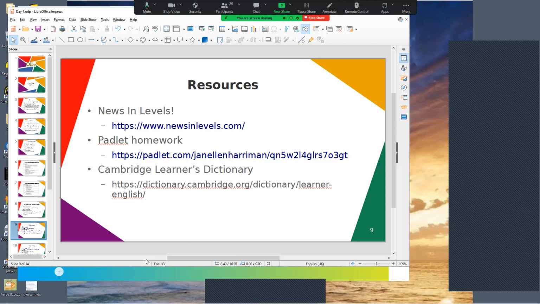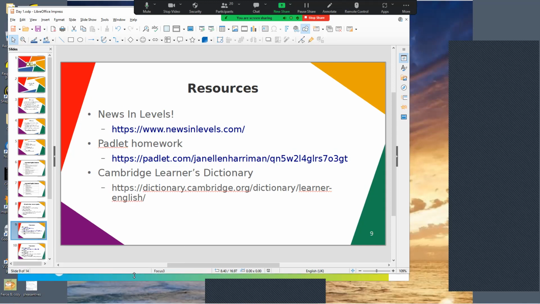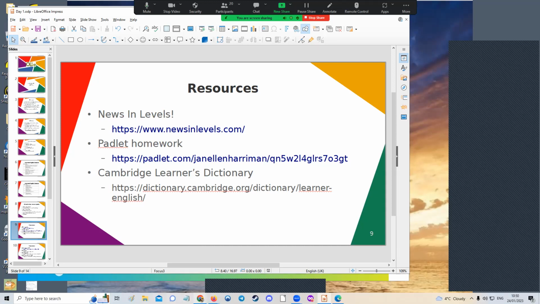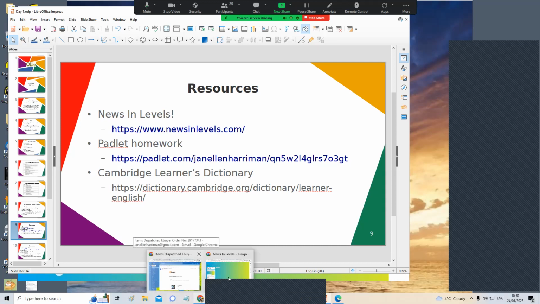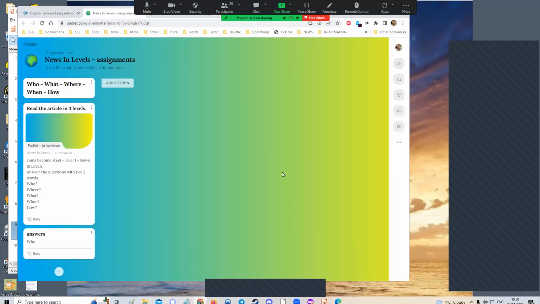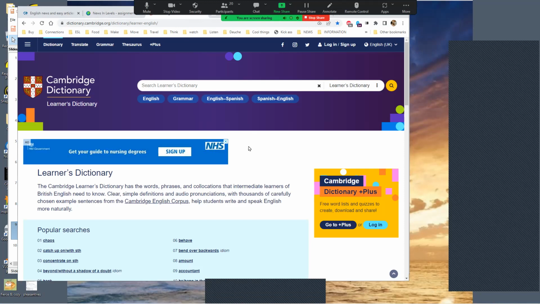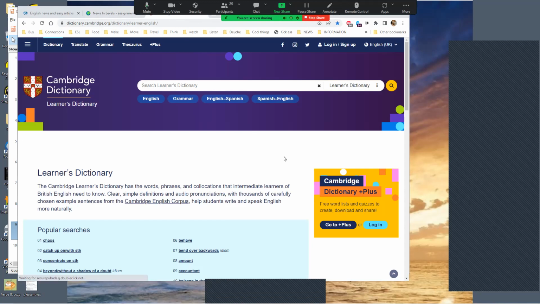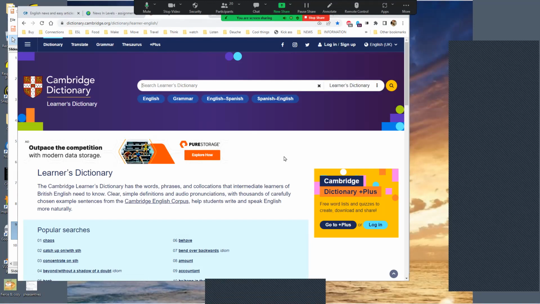And the next resource. So the next resource is my favorite dictionary, the Cambridge Learner's Dictionary. Now, when you have looked up a word in the dictionary, has anyone ever had the problem that the definition was harder to understand than the word itself?